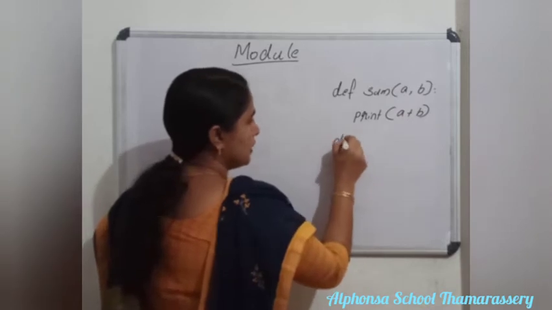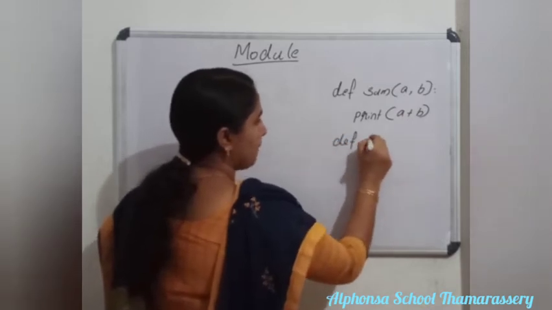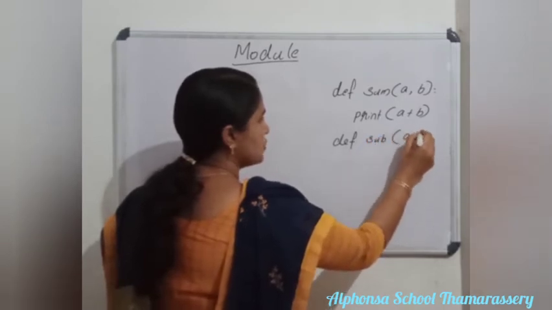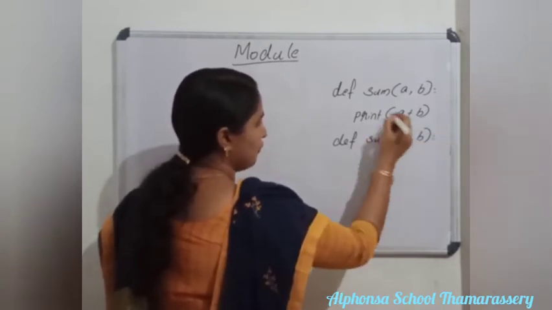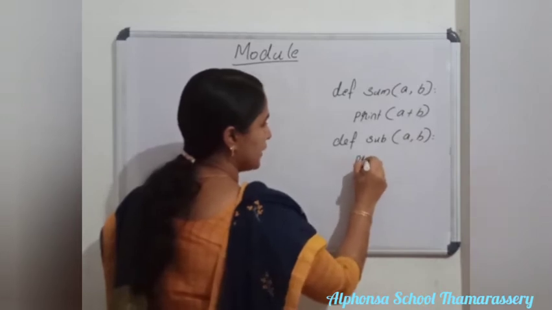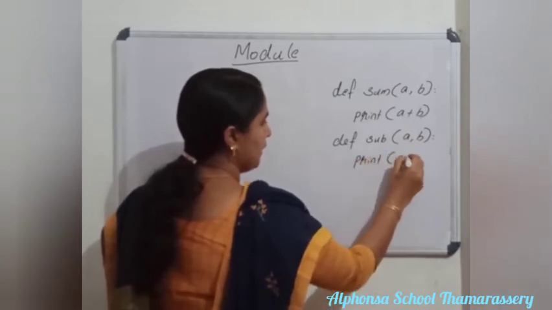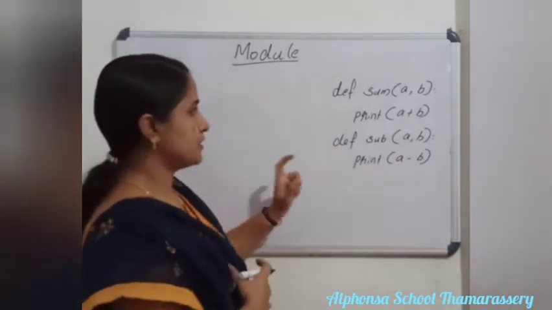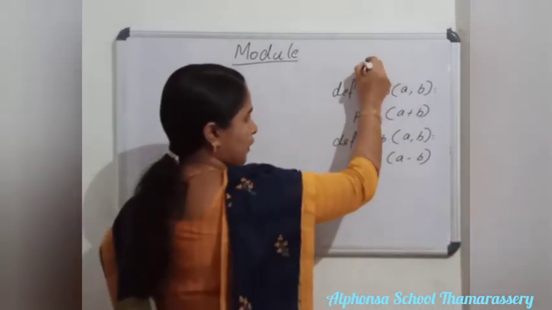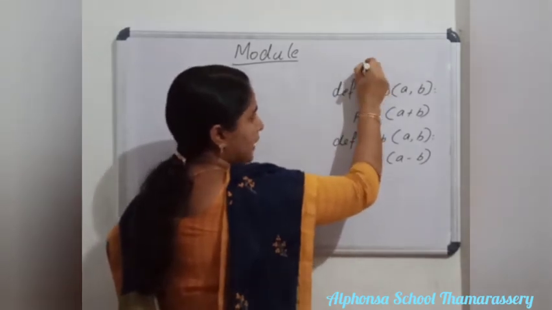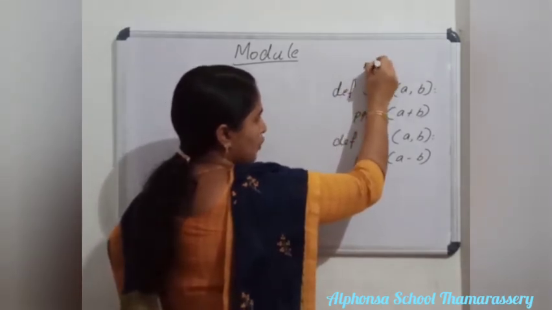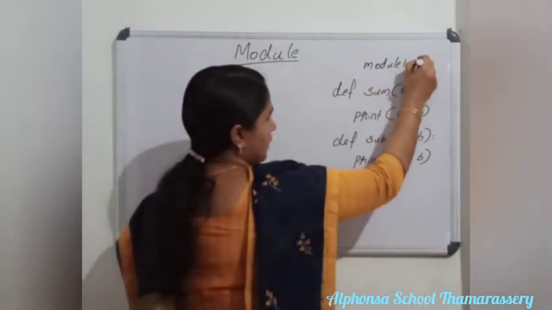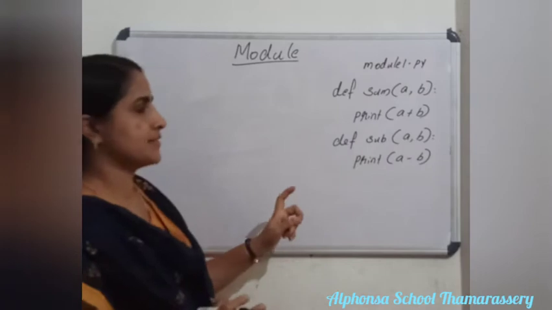Another function, def sub, finds the difference of two numbers. Let it print a minus b. So write these two functions as part of a program, and I am giving the name of the program as module1.py. That is the default extension.